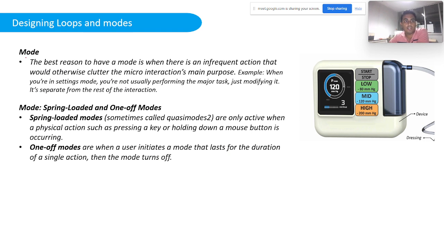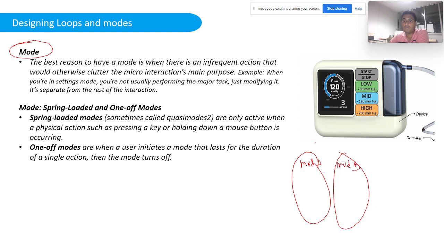Next is mode. As I told you, modes are used when you have different modularity in terms of rules, functionality, as well as interactions. So you have mode A and mode B, for example on and off mode. Mode A will have different functional features, different interaction features, and different rules.